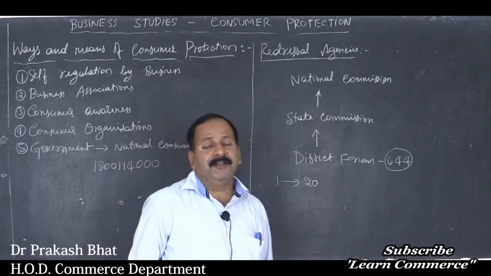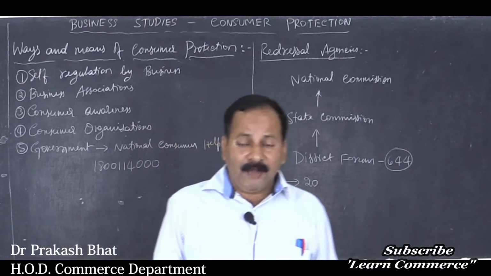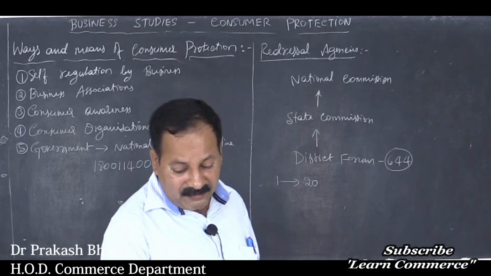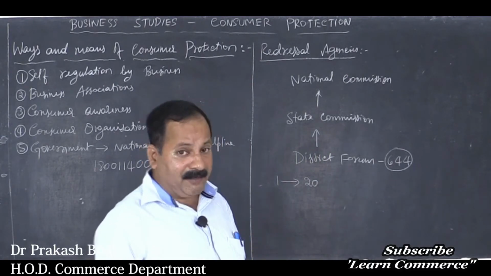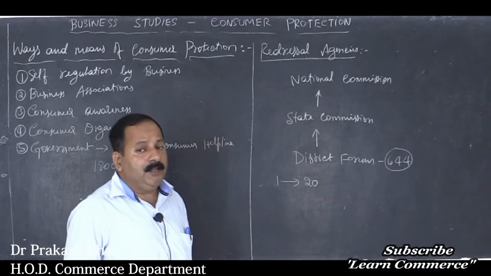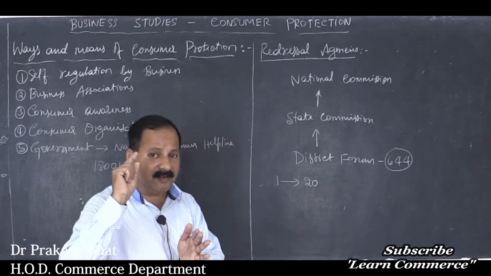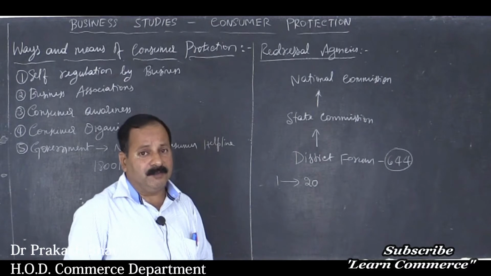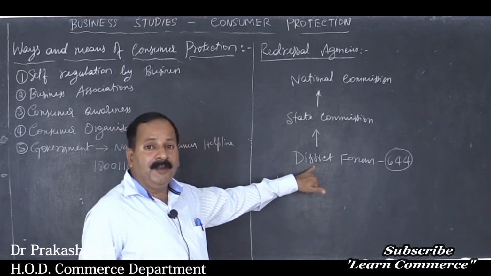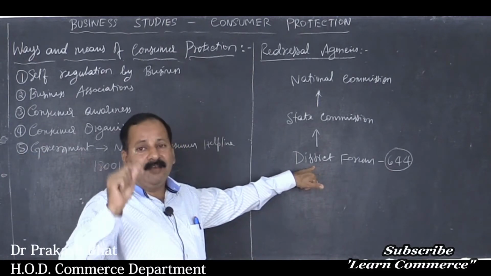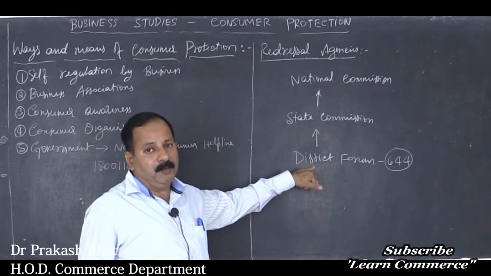Then it will be sent to the laboratory for testing. After testing, the district forum will get the result from the laboratory, and after seeing the result, if the case is genuine and there is really a problem for the consumer, then the district forum may award compensation along with the value of the goods to the aggrieved consumer.